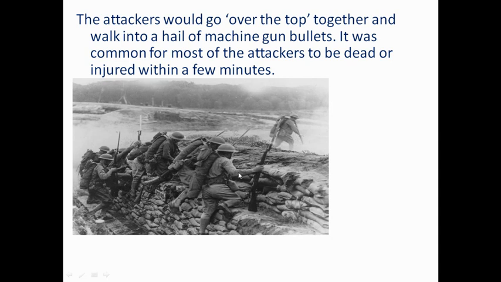So off they go. This is a very, very dangerous type of attack when the enemy has got one of the machine guns that we saw in the earlier picture. And as they are heading off with their bayonets to try and take the opposition trench, sadly, many of these would have been killed or injured, and often that only took a few minutes.